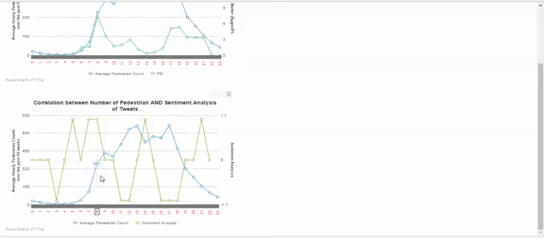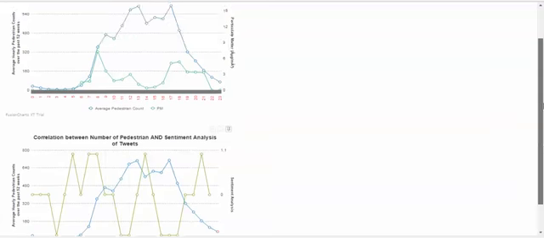You can see that in this time period, when the traffic increases, the number of negative tweets was higher than average. Here also negative tweets are more, and here it goes from positive to neutral in the morning. So people are going from positive to negative, which shows that they are getting depressed in office hours.